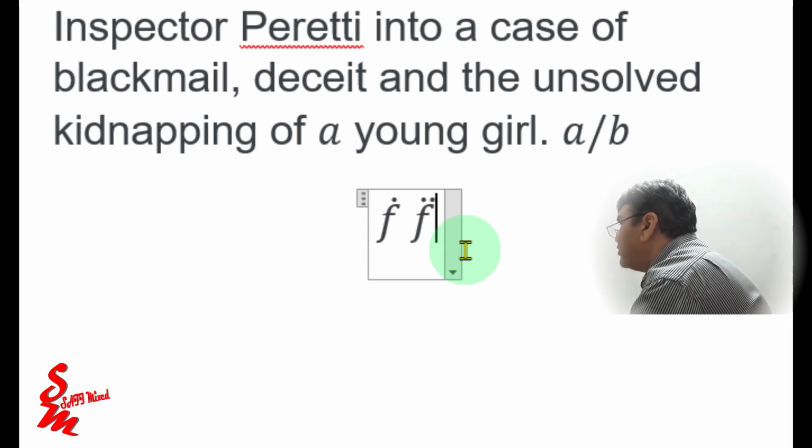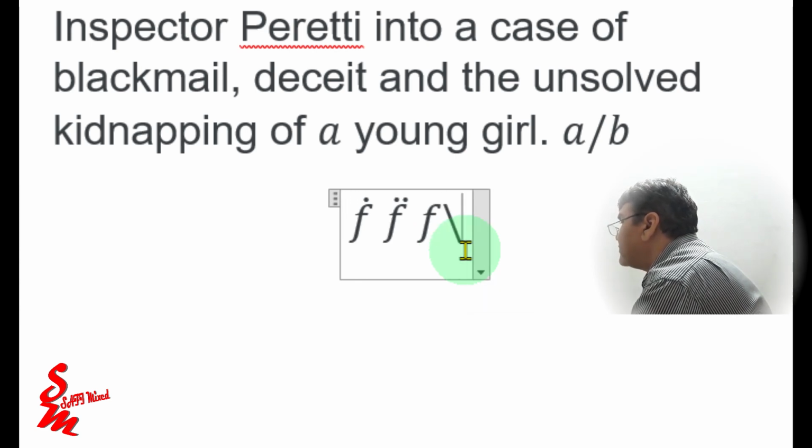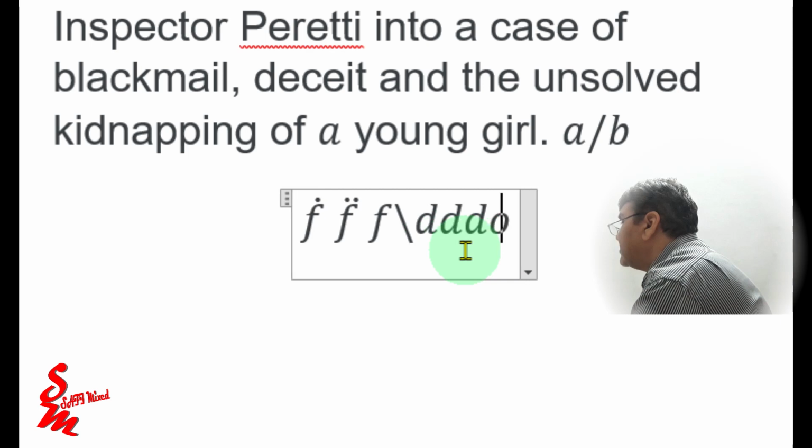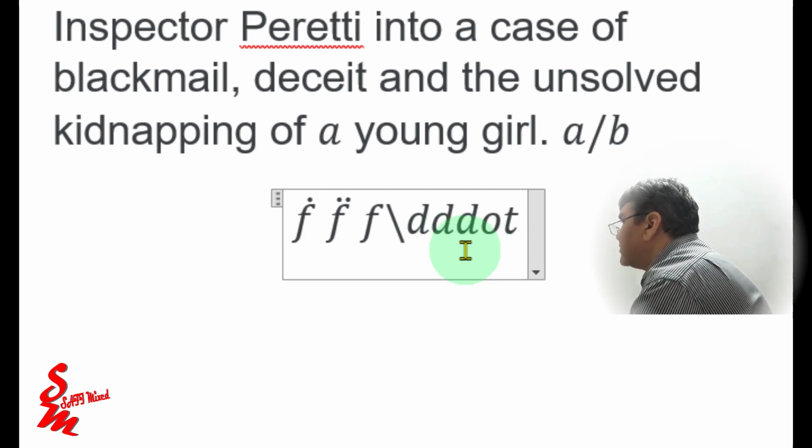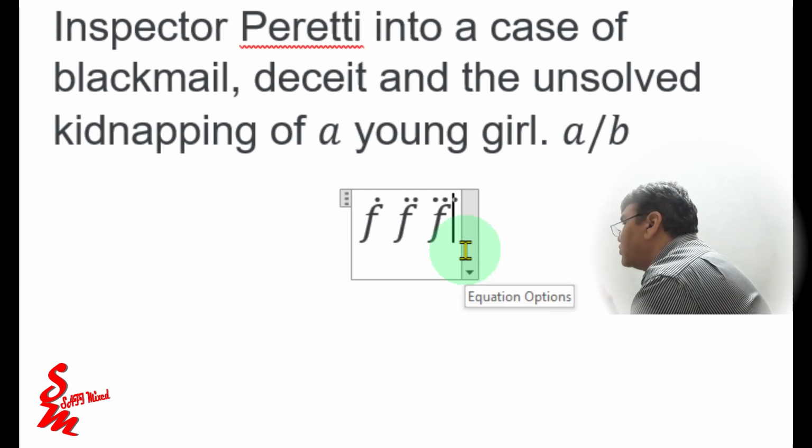For the triple dot or thrice differentiation, you have to follow this procedure, backslash dddot, and pressing again the spacebar key will put all the dots over the function f.